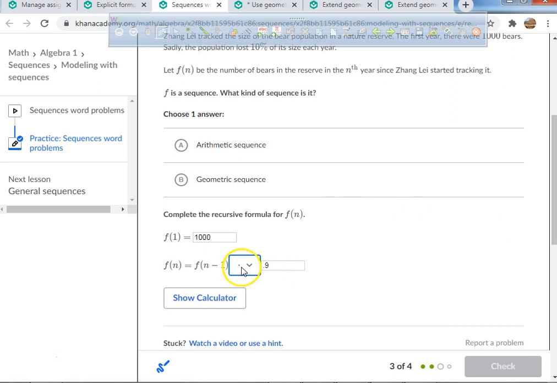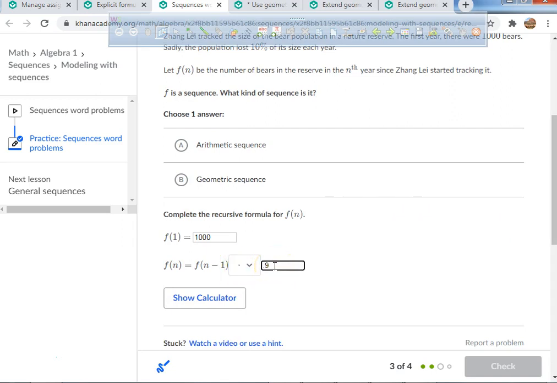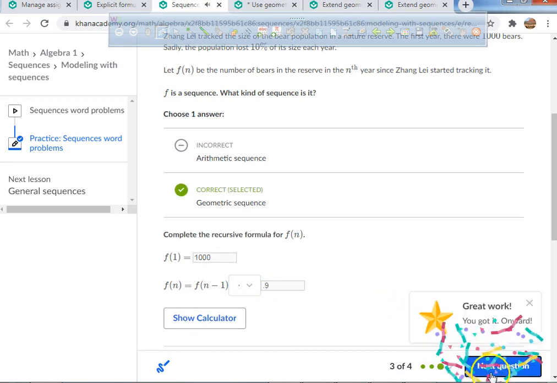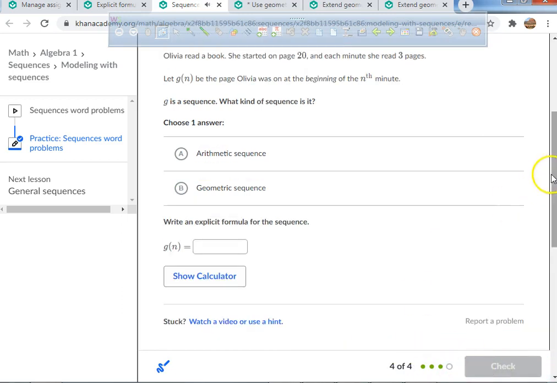Is it not 0.9, or is it supposed to be 9 over 10? Oh, I forgot to hit geometric. Okay, thank you. There we go. So geometric, n, multiplying by 0.9. Yay! All right, last one.